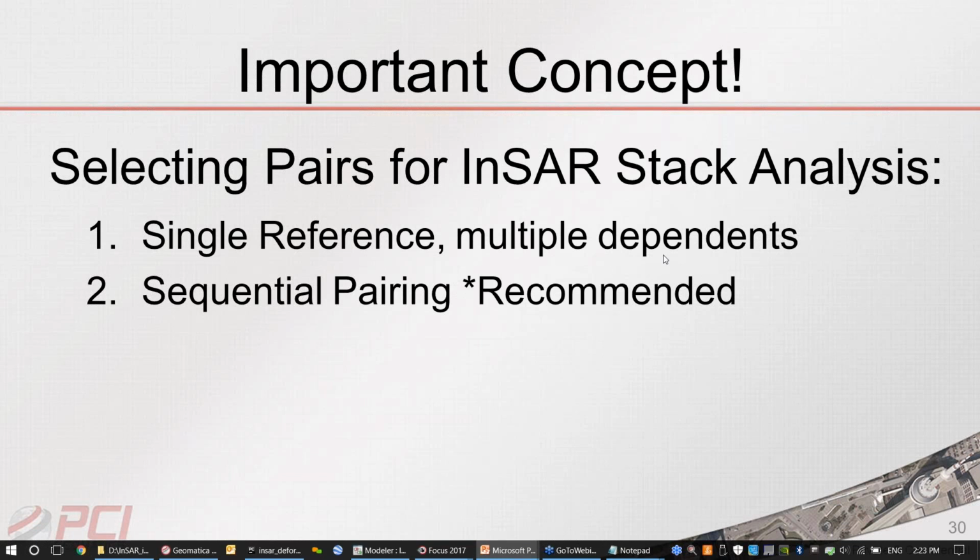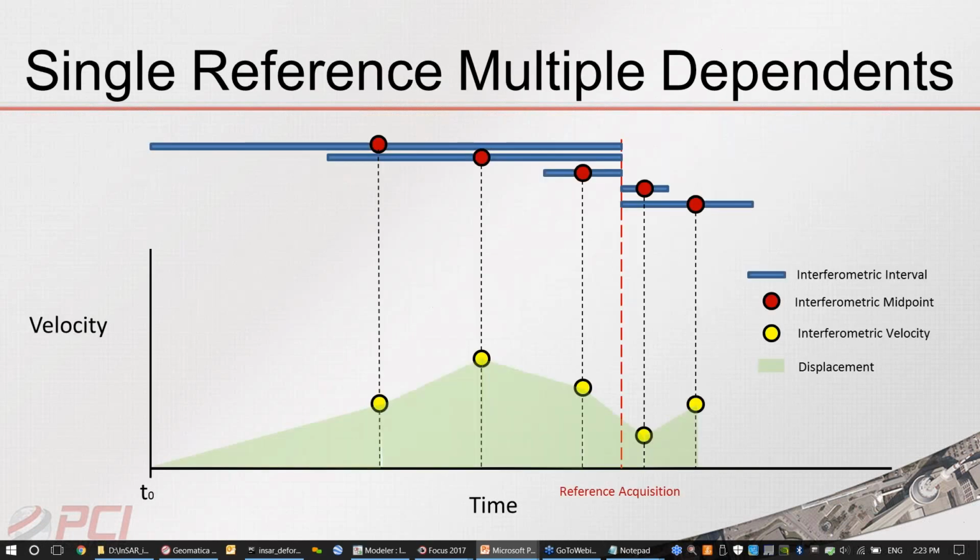This is the easier method to set up because you just point to a single reference. The other one is sequential pairing, which we recommend in most situations. So single reference is basically where you choose a single reference image to act as the reference pair for evaluating or creating the deformation maps.